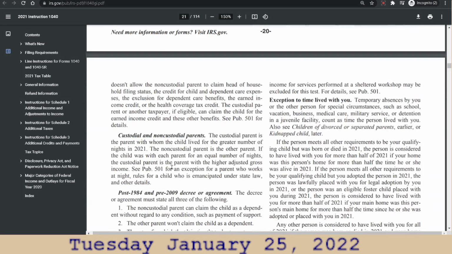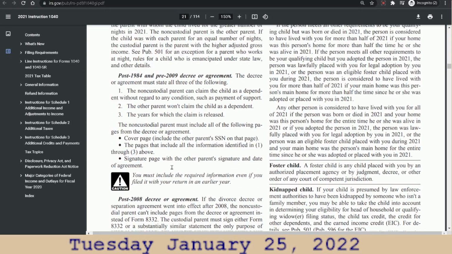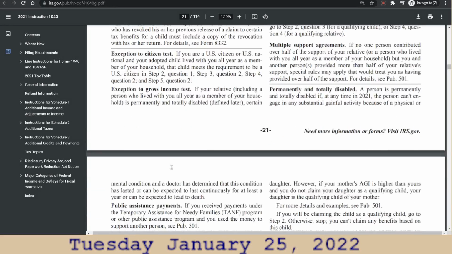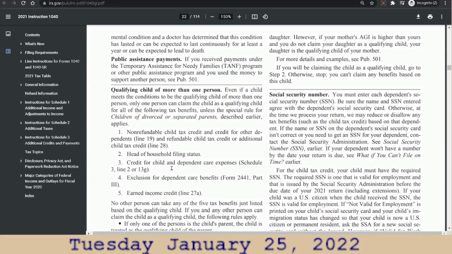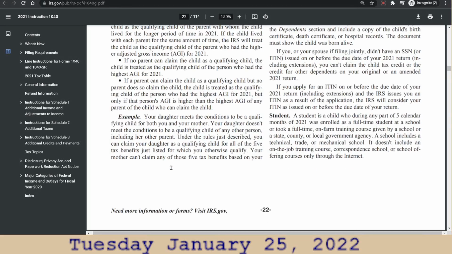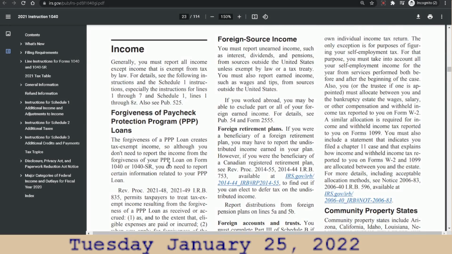And then after all of that, has a lot of information about that. All right. They add a section called kidnapping, you know, a child that was kidnapped, and just all kinds of stuff. Now we're going to go down to income.